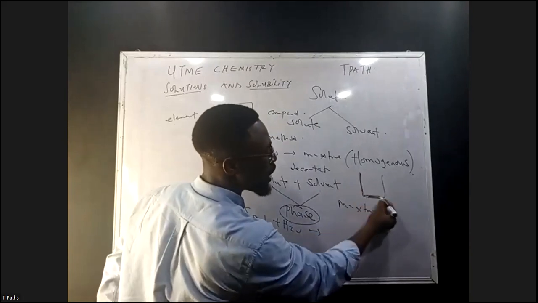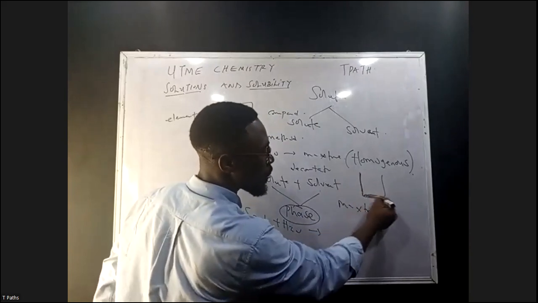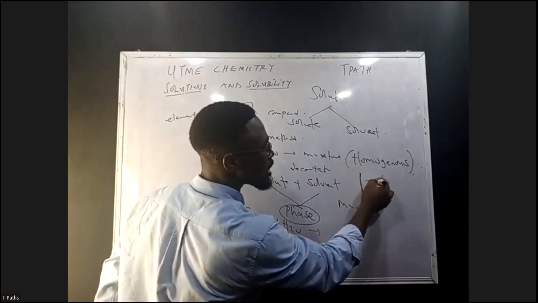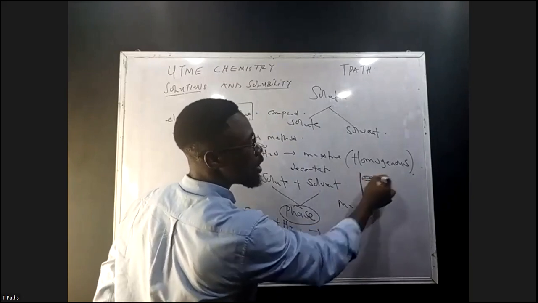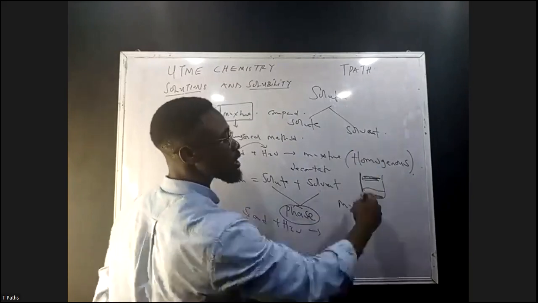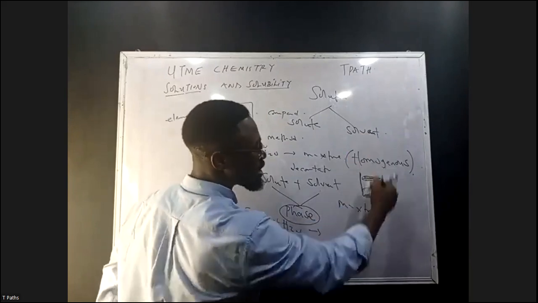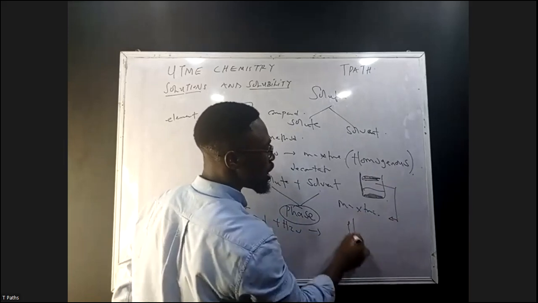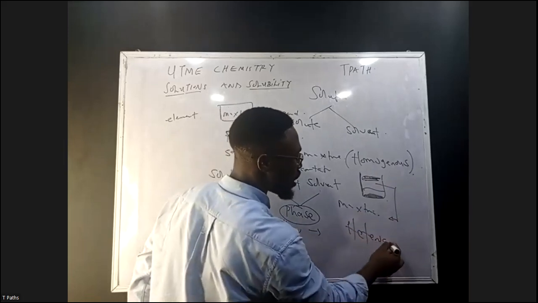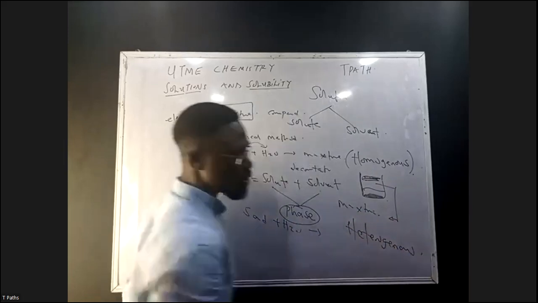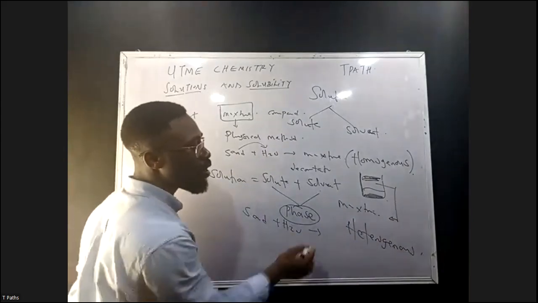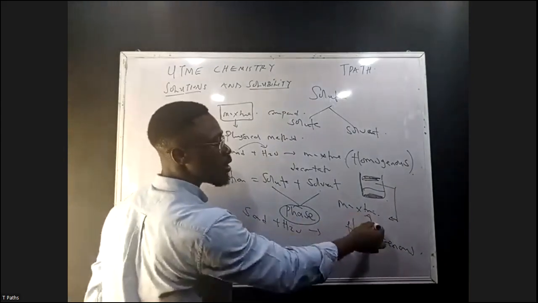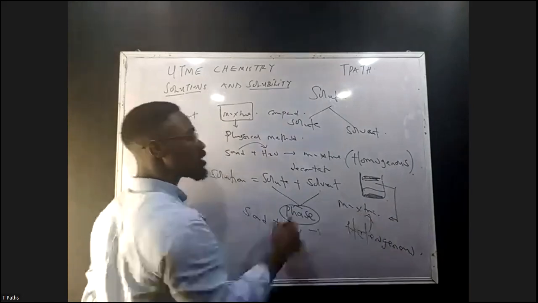The sand is going to be at the bottom of the beaker or whatever container, while the water is going to be at the top. Because there's a difference in phase, that is not homogeneous. That is heterogeneous. So that is just an ordinary mixture. It is not a solution.